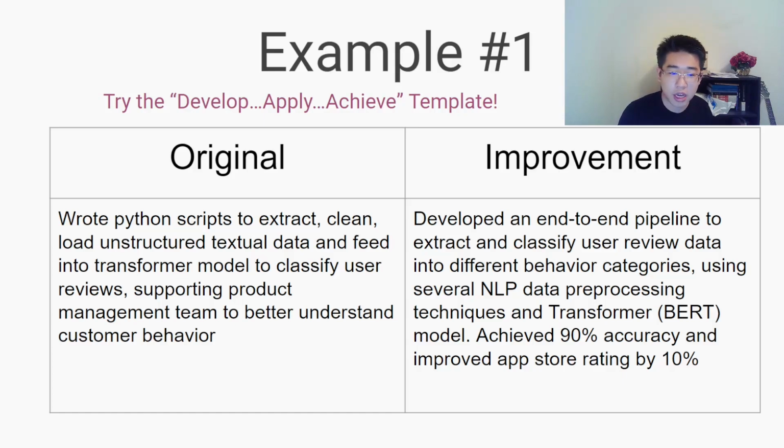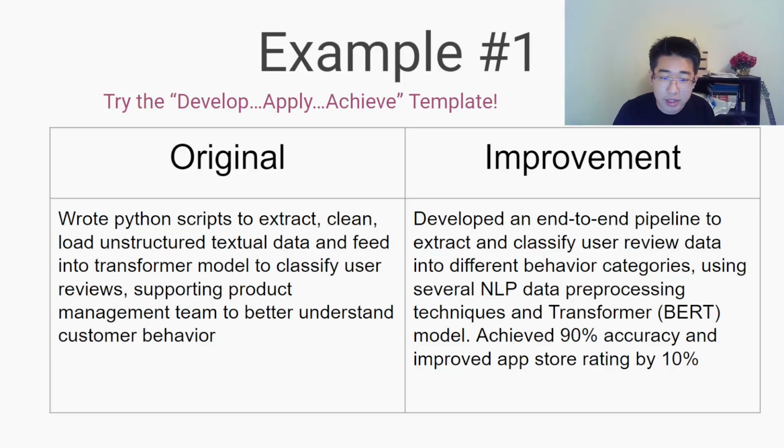And then, okay, we're gonna add some numbers. Achieved 90% accuracy. Again, I just made this up. It could be anything, right? Maybe it's not measured by accuracy. Maybe it's by F1 score or AUC. Yeah, it could be anything, right? And then improved App Store rating by 10%.